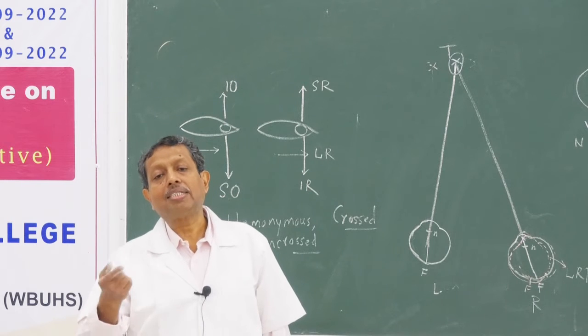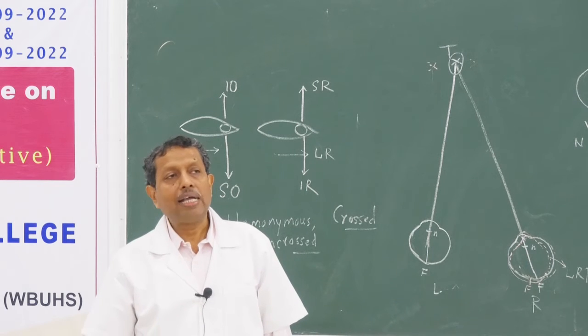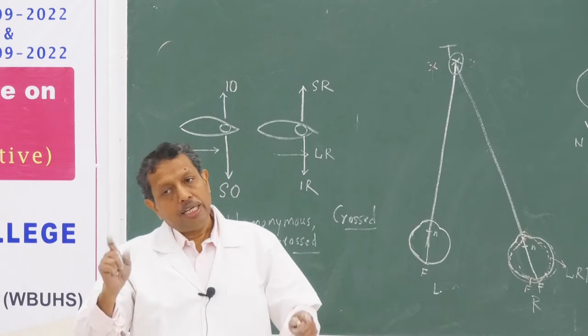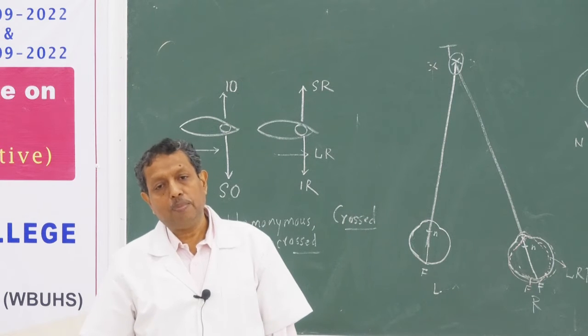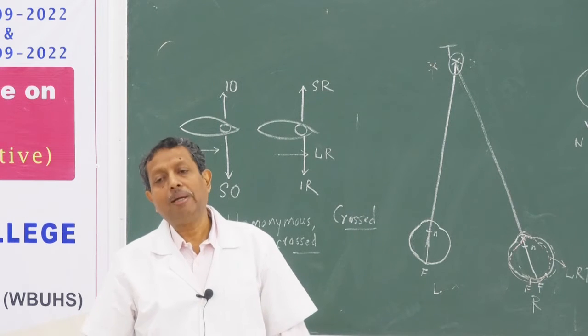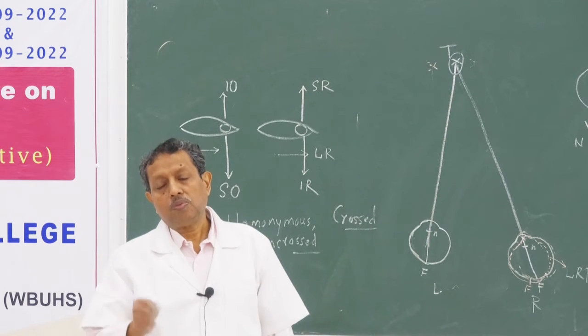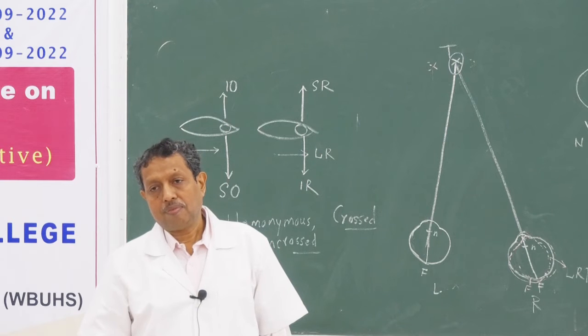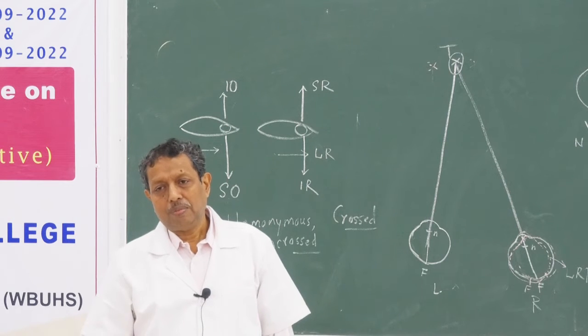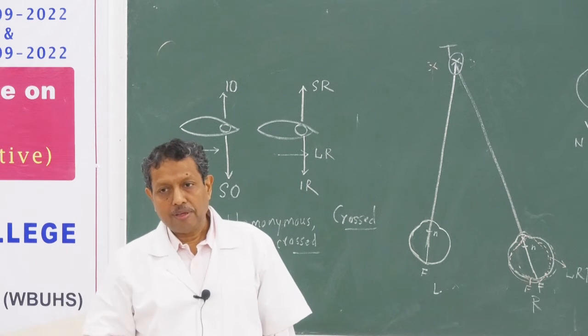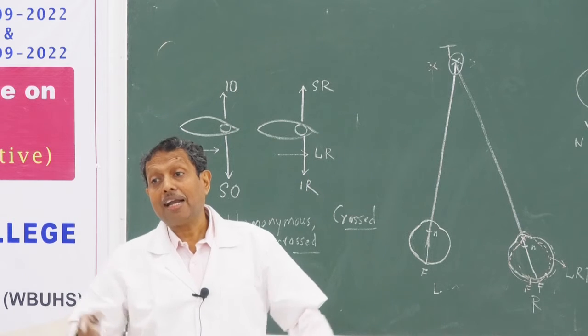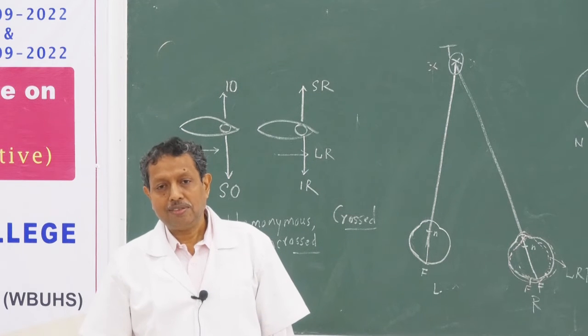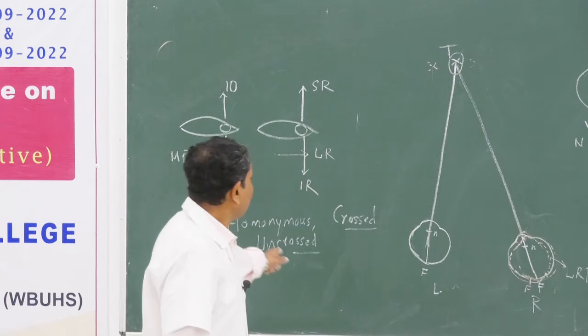It is to create interest in the subject. I consider everyone besides me superior to my intellect. So it is my duty to give some idea. My knowledge is limited, but you try to open the door so that you can enter and have rich knowledge with a superior intellect. Now this is diplopia.